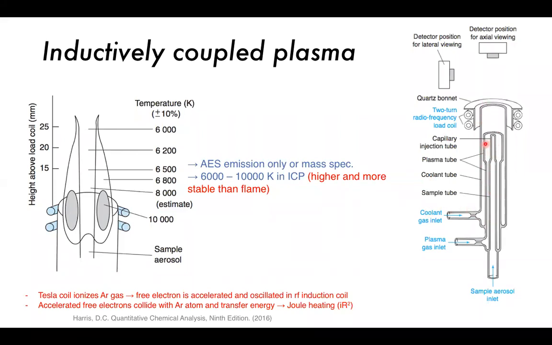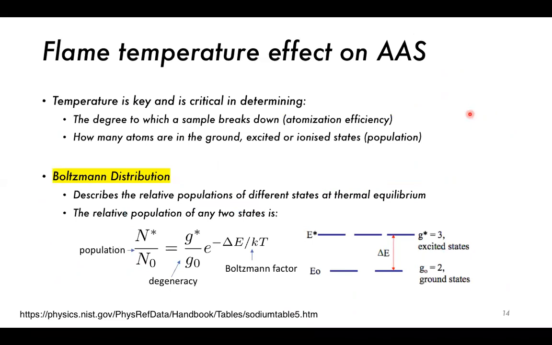Then we have the plasma tube. Then we have the coolant. All passes up through here. And then gets ejected into the radio frequency load coil, which turns around twice and really accelerates the free electrons, which collide with the argon atoms and transfer energy. And we get this really, really intense heating, which produces these very high temperature flames.